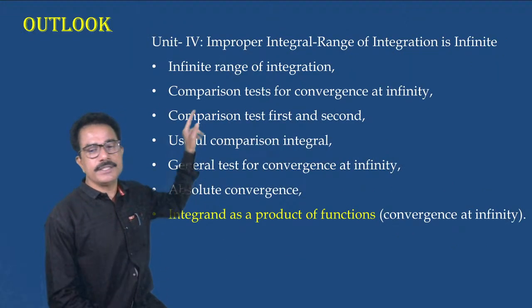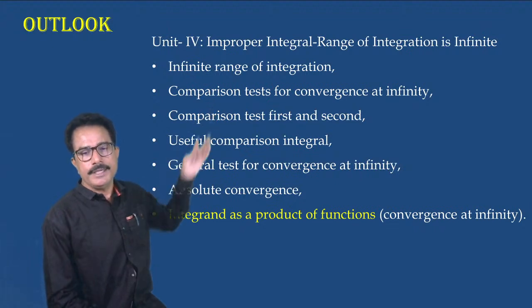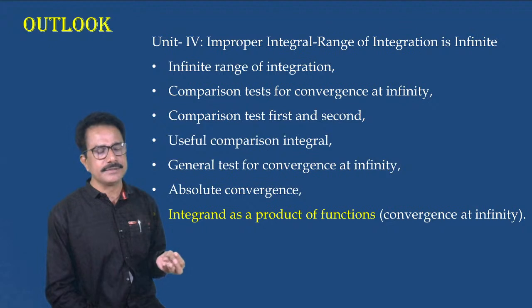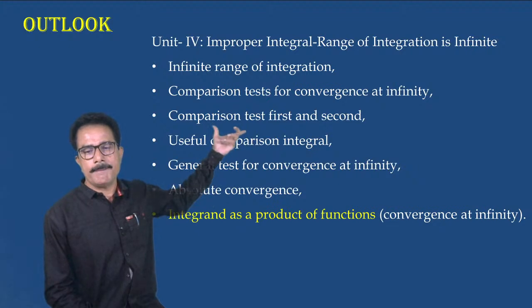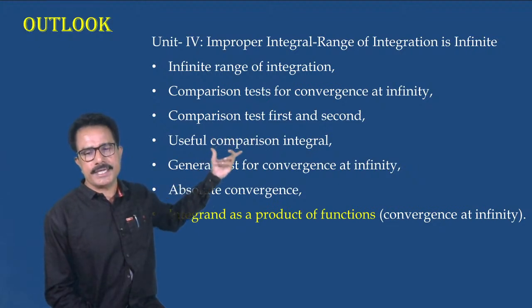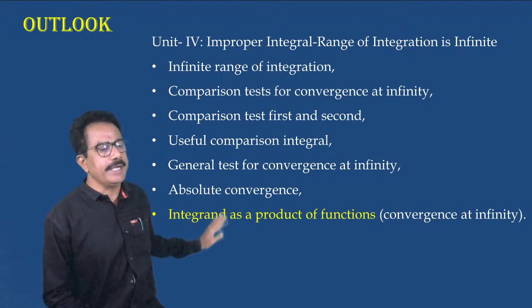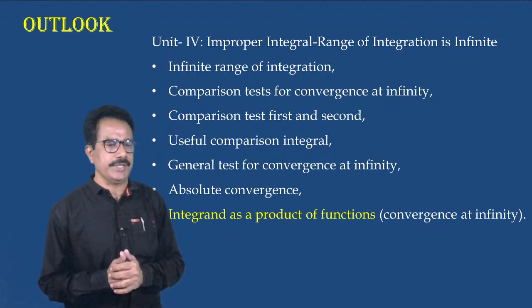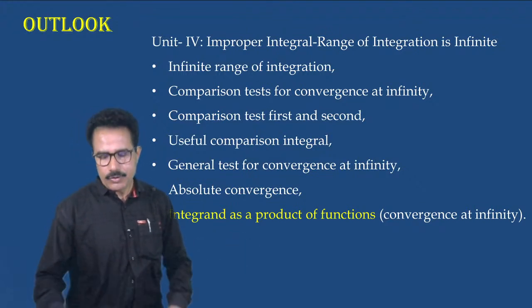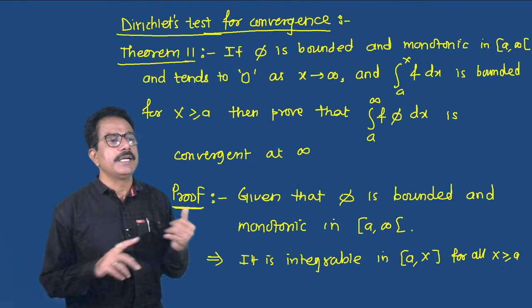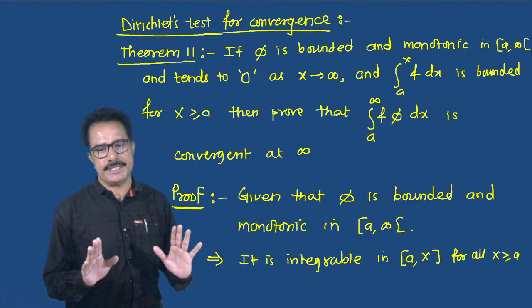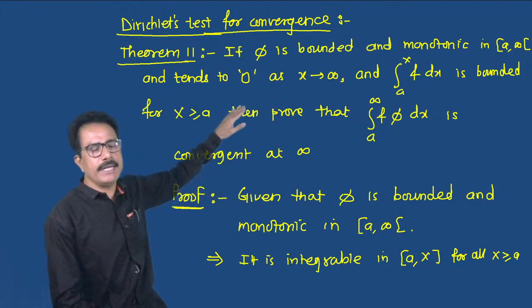Up till now we have studied in this unit number 4: infinite range of integration, comparison test for convergence at infinity, comparison test first and second, useful comparison integrals, general test for convergence at infinity, absolute convergence, and the integrand as a product of functions. Dirichlet's test for convergence is theorem number 11.